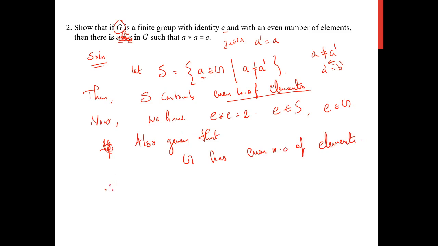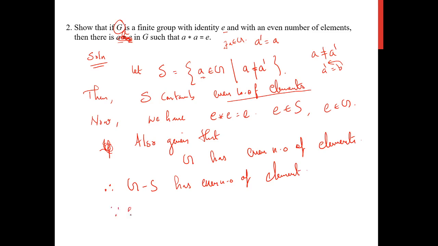Therefore, G minus S. S is the set of all A belongs to G such that A not equal to A dash. And G and S have even number of elements because S contains an even number of elements. Therefore, G minus S has an even number of elements.